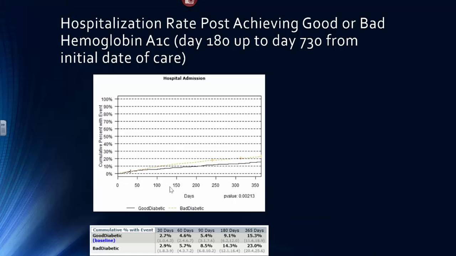Just to remind you, on the x-axis are the number of days from achieving good or bad outcome of hemoglobin A1C, and on the y-axis is the cumulative percent who have been hospitalized at least once by day 100, 150, 200. And as you can see, at 365 days, of the people who achieved a bad diabetic result, 23% were hospitalized, compared to those who achieved a good result, of whom only 15% were hospitalized.